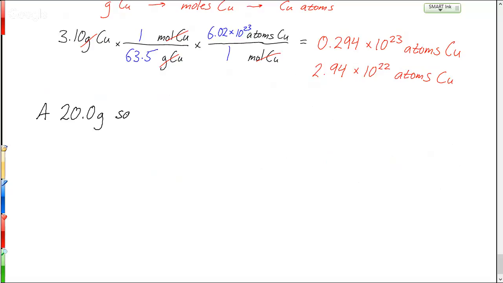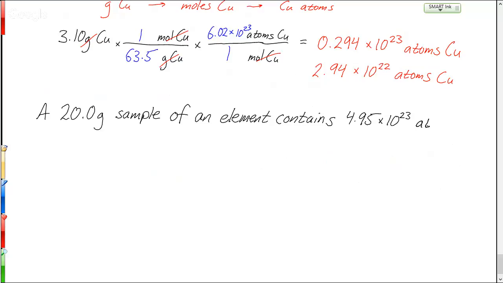A 20-gram sample of an element contains 4.95 times 10 to the 23rd atoms. What is the element? For this one, talk to the person next to you or the people at your table and see how you would go about this. You're given a mass of an element and how many atoms that is. You figure out what the element is.